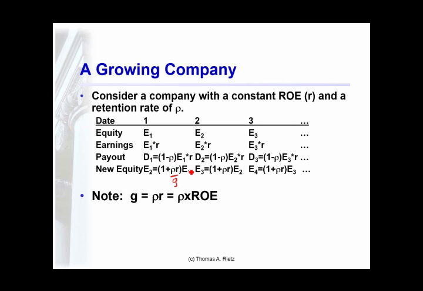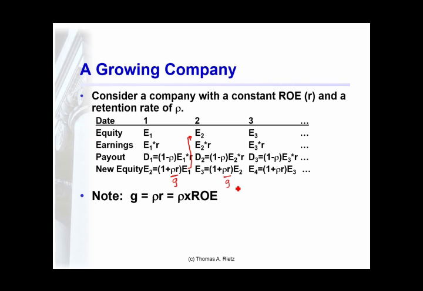That generates a higher equity going into period 2, which generates a slightly higher interest payment. Again, we don't pay all of it out, we keep rho. That means next period's equity is higher by the amount of retention, the return we're getting on equity, and the amount of equity that we have.